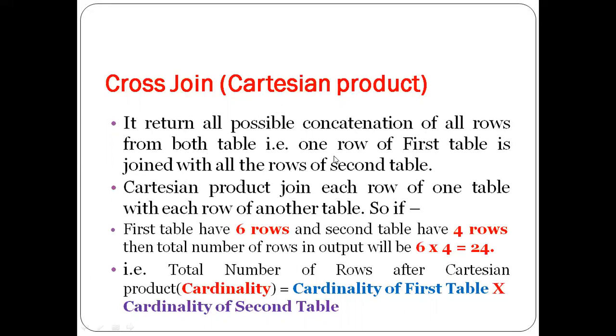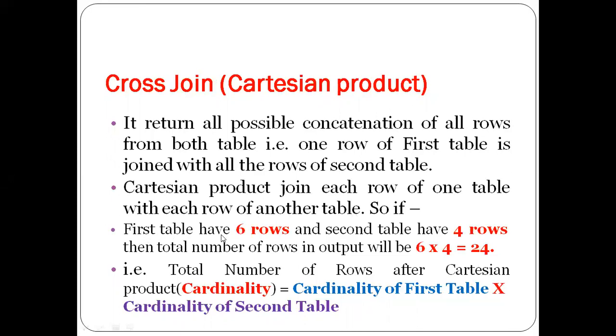More than one table can be used in this, and it returns the possible concatenation of values from both tables. A Cartesian product joins each row of one table with each row of the other table. All the rows from one table and the other table will be joined together.